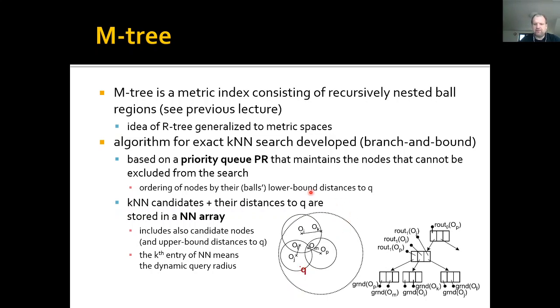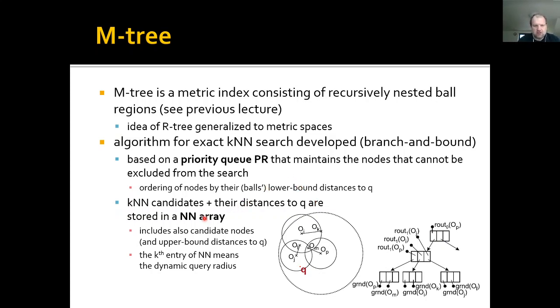We don't have any radius because we don't know the radius for k nearest neighbors, so we start with infinite radius, and we need to process all of the balls that cannot be excluded from the search. At the start, nothing can be excluded, so the priority queue basically holds the root as the first entry.